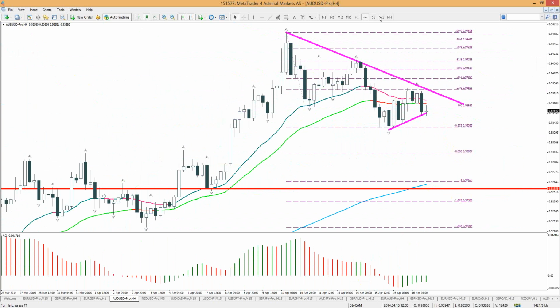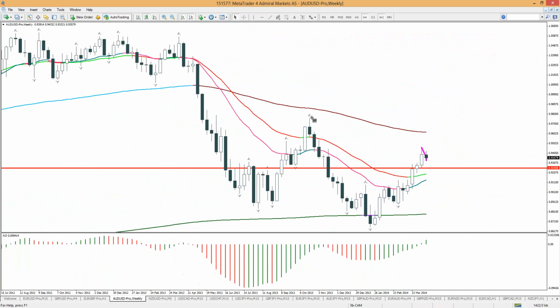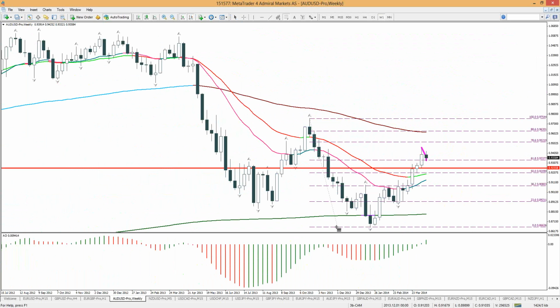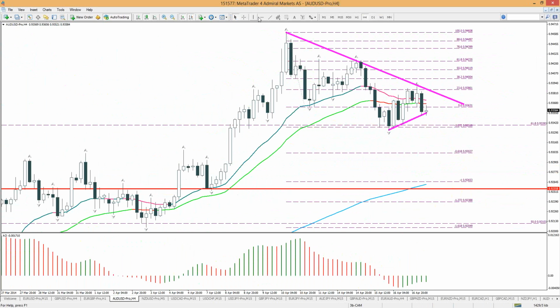What would be the potential target? Well, that could be all the way at 195. In my opinion, not 195. Scratch that. 0.9520. That's the 78.6 fib. That's 220 potential versus 56. Not bad.